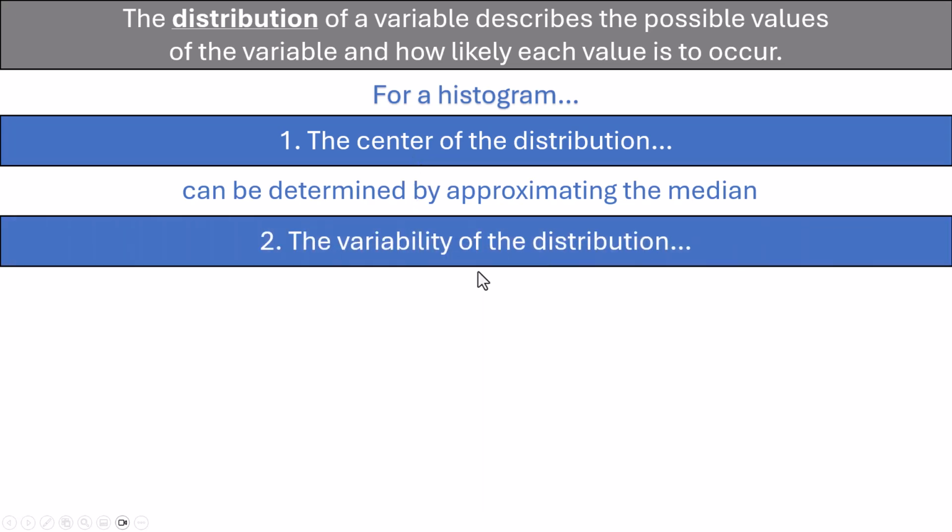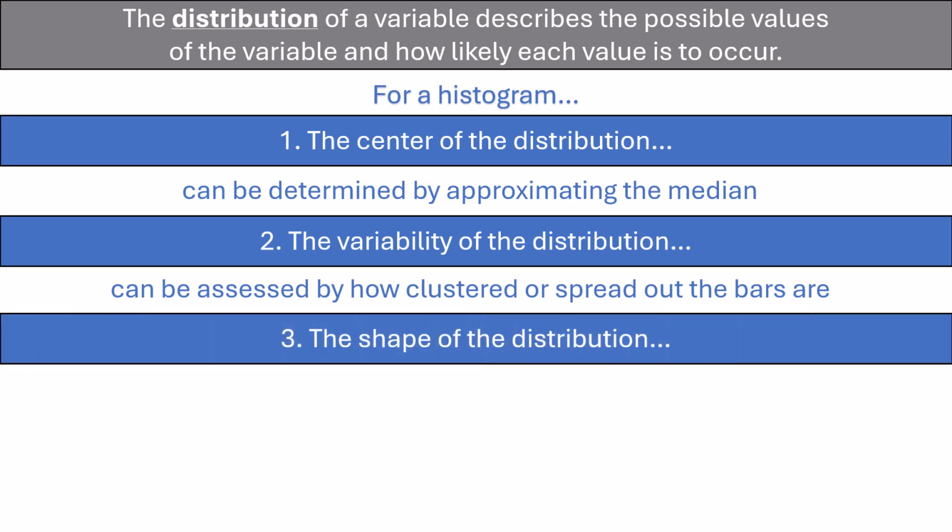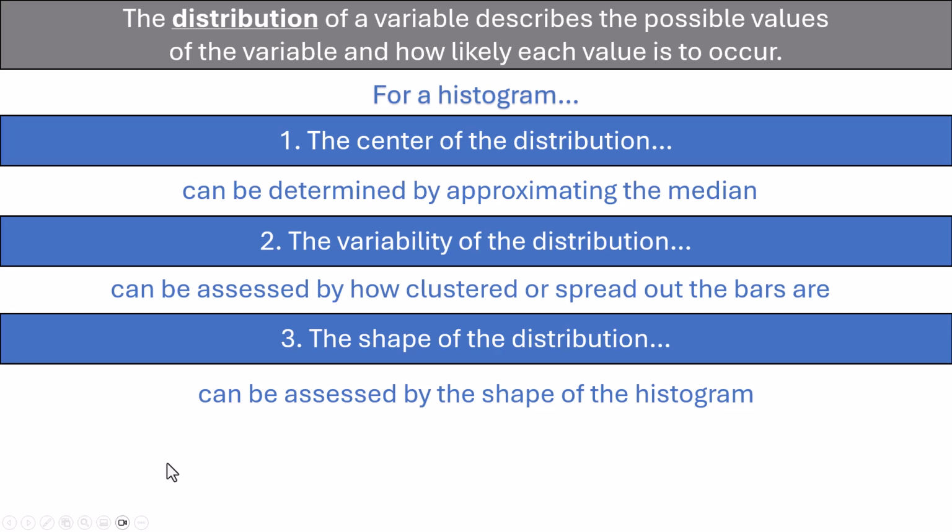Second, we must describe the variability of the distribution. Now, we can't really tell the standard deviation or IQR or any of those measurements just based on the histogram, but we can still assess the variability based on how clustered or spread out the bars are. The main strength of a histogram is that it easily allows us to describe the shape of the distribution. This can simply be assessed by the shape of the histogram.